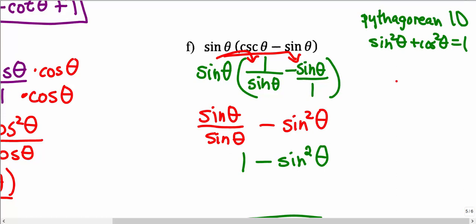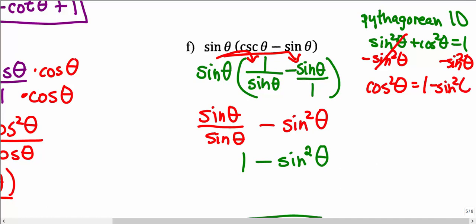I would like to rearrange this Pythagorean identity so that I see 1 minus sine squared theta. In order to get that, I'm going to subtract sine squared theta from both sides of that identity. And we are left with cosine squared theta is equal to 1 minus sine squared theta.